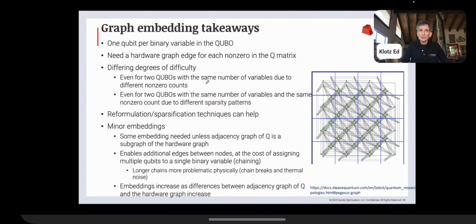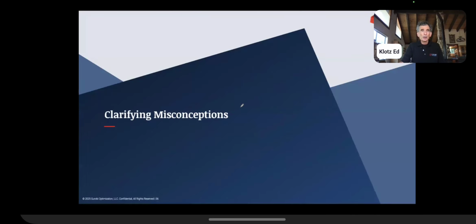And what this means is you can have 2 QUBOs with the same number of variables, where one is much harder due to a difference in non-zero count, or they could even have the same non-zero count but different sparsity patterns, and one might be easy to solve and the other might be much harder to solve. Okay, so that's the Cliff Notes version. Again, if you have time and can stick around, we'll go into it after the hour. If you don't have time, we'll have a recording.